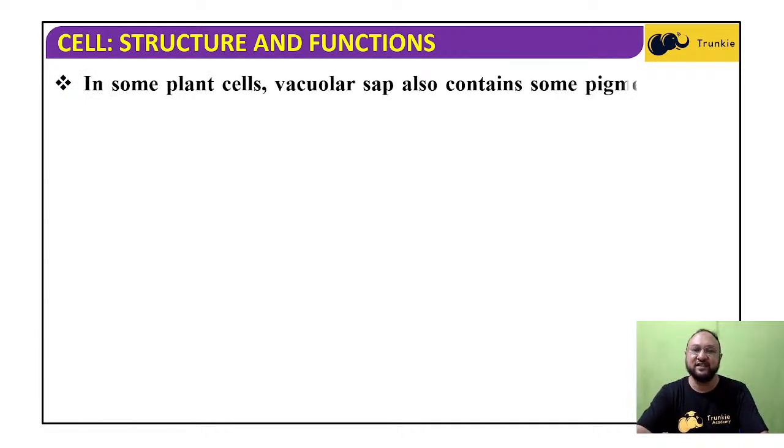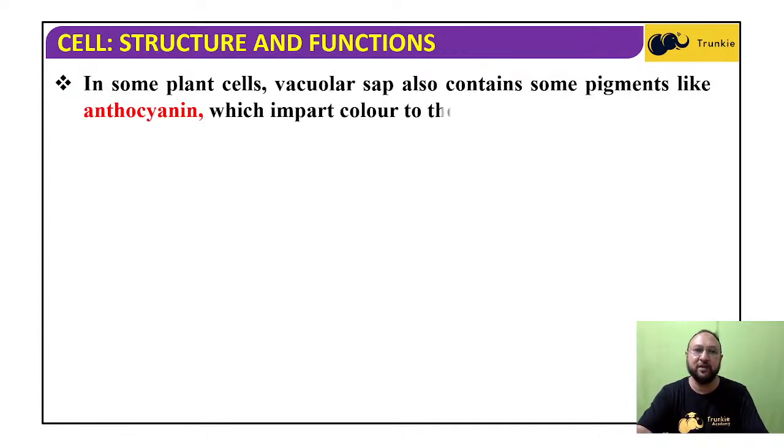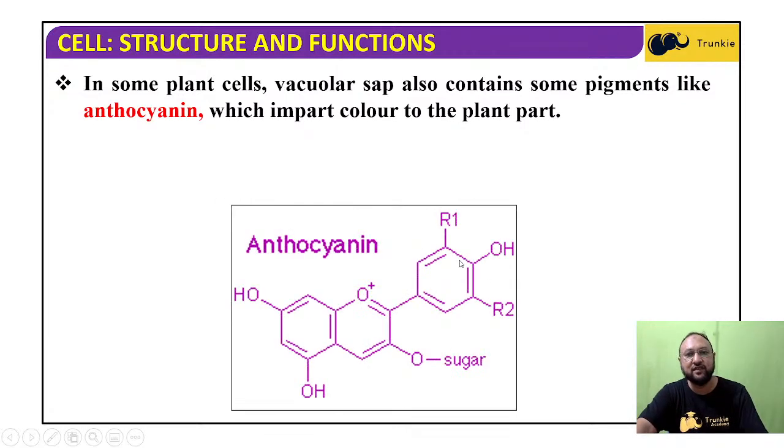In some plant cells, vacuolar sap also contains pigments like anthocyanin, which impart color to the plant part, like the purple color. This is the chemical structure of anthocyanin, which imparts color. Normally the pigments present are carotenoid or chlorophyll, but anthocyanin provides the purple.